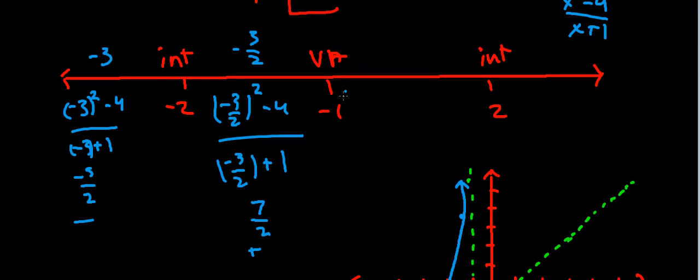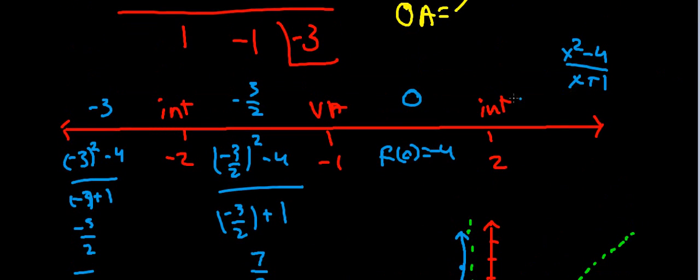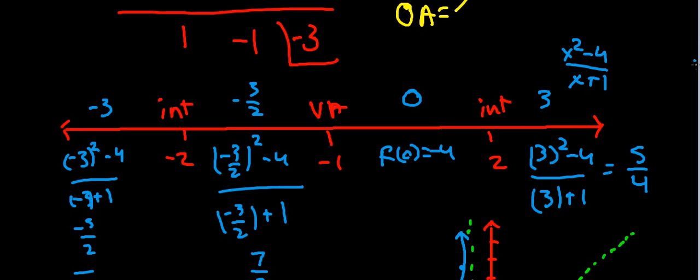Next, we wanted a point between minus 1 and 2. We already picked 0 for the y-intercept. We had f of 0, and it was equal to minus 4. So we don't need to do that. We already have that point down there. Lastly, we need to pick one between 2 and infinity. So let's just pick 3. We have 3 squared minus 4 over 3 plus 1, and this is going to give us 5 over 4.